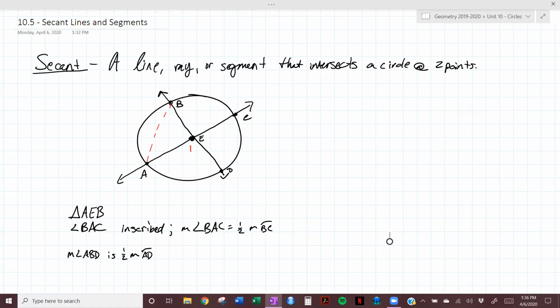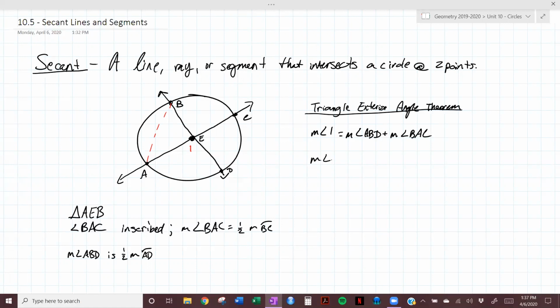So we have this theorem, okay, it's called the triangle exterior angle theorem. And this says that the measurement of angle 1 is the measurement of ABD plus the measurement of BAC.